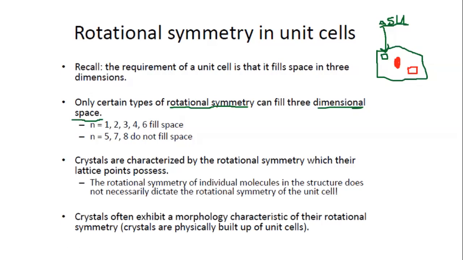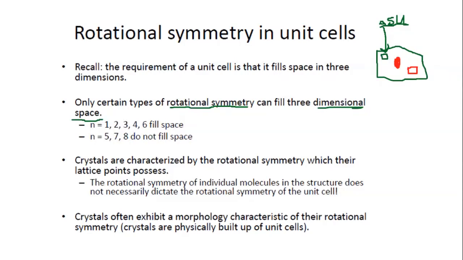Now, one thing that is quite common is that people try to infer, based on the symmetry of the molecule, what type of symmetry the crystal can have. This is actually not a very good thing to do. You can get some insight about the crystal symmetry from the molecule symmetry, but just because the molecule has a 2-fold symmetry within it doesn't mean you would see 2-fold symmetry in the crystal, because the way the molecules crystallize in the unit cell will dictate what type of symmetry it has.